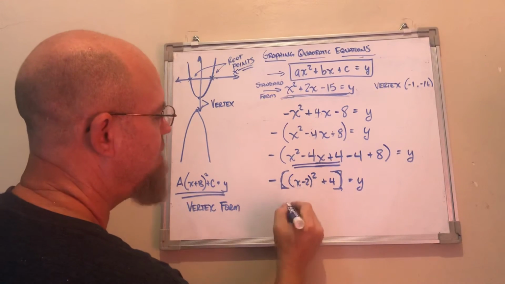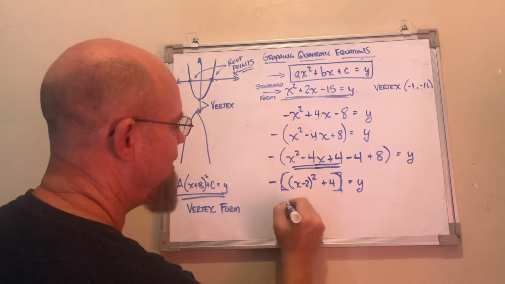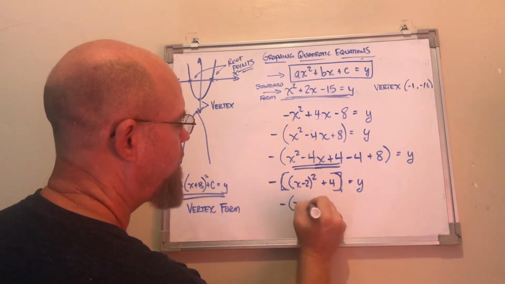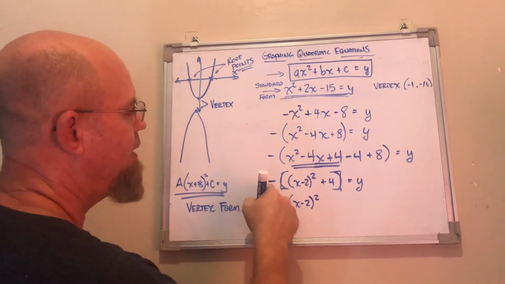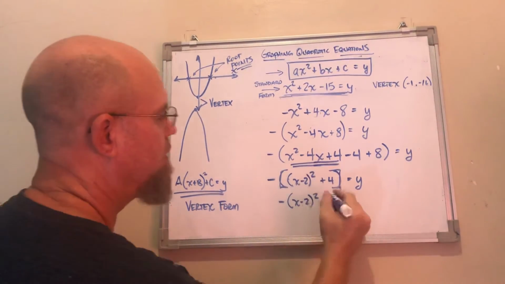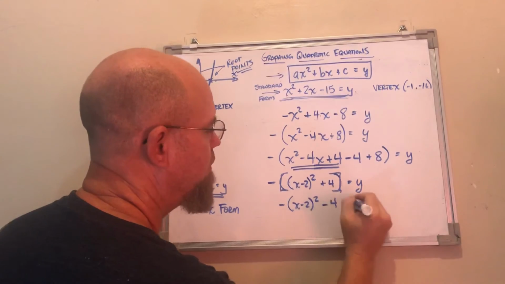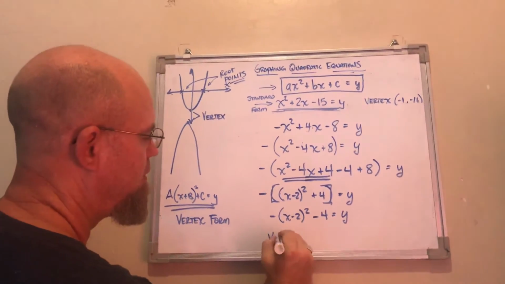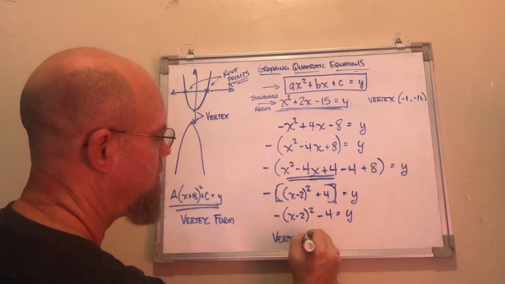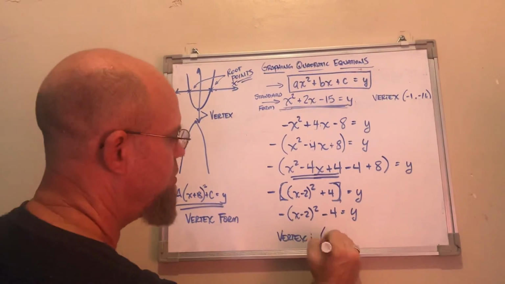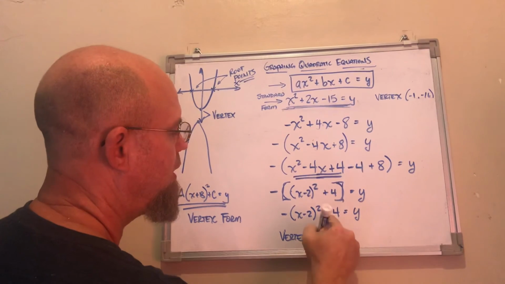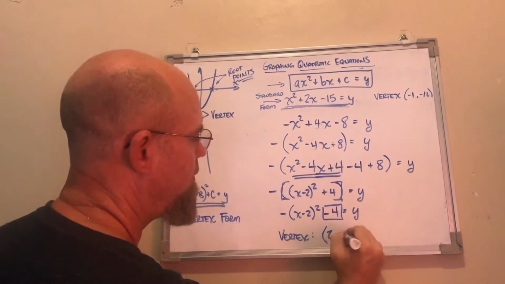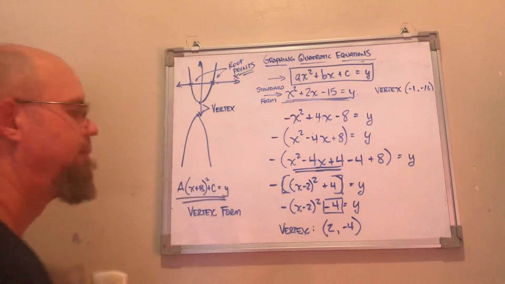So negative times x minus 2 squared is going to be negative x minus 2 squared. And negative times a positive 4 is a negative 4 equals y. So then the vertex is going to be x equal to 2, and y is negative 4.